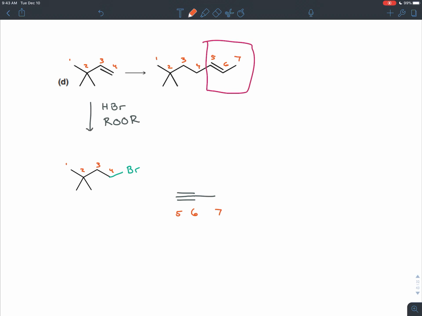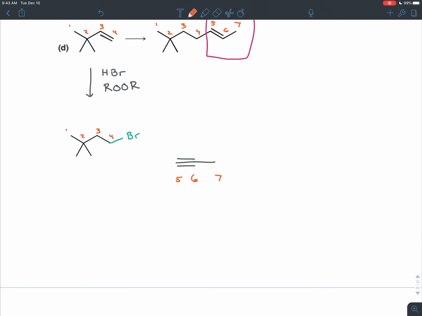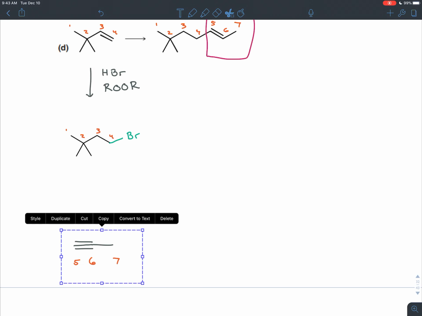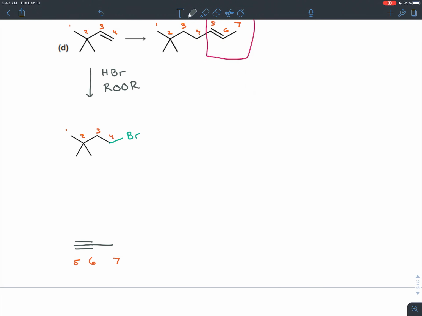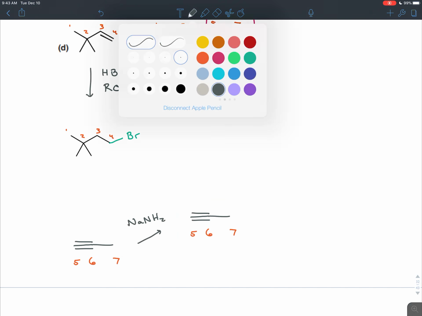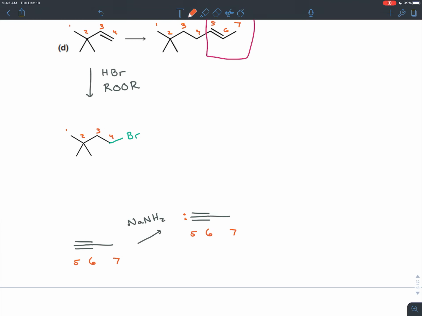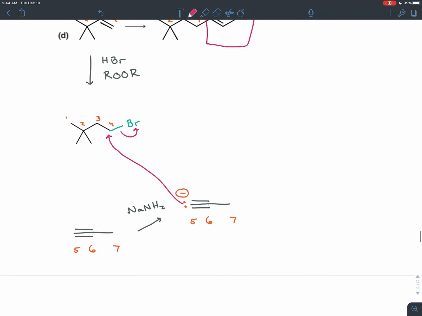Now if we take those 3 carbons and we treat that molecule, 1-propyne, with sodium amide, it will rip the hydrogen off the end there, and it will turn this into a carbon nucleophile. So this gets a lone pair and a full negative charge, and now you can do the SN2 reaction. This can attack carbon 4, kick the bromine off.